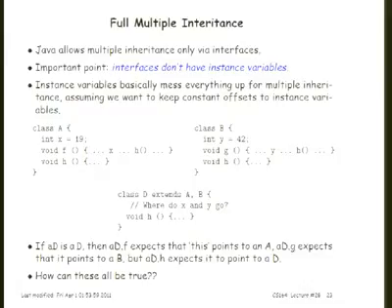Well, something has to change here. Somehow somebody has to be aware of the fact that I'm not just an A. I'm an A that's inside a D. Unfortunately, I don't know what a D is. A is a completely separate type.